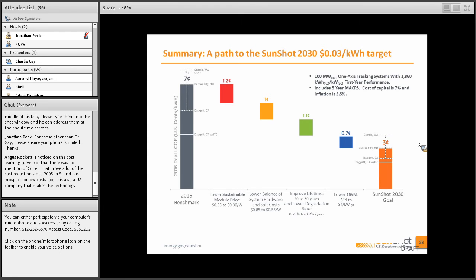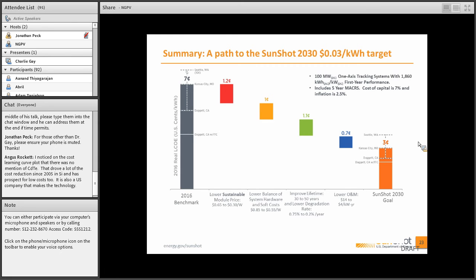Bounded here on this chart by the 2016 benchmark, a key thing I'll highlight is that this now assumes single axis tracking. In the initial SunShot program, single axis tracking hadn't matured the way that it has over the past half dozen years, and so that has also helped energy harvest a lot.